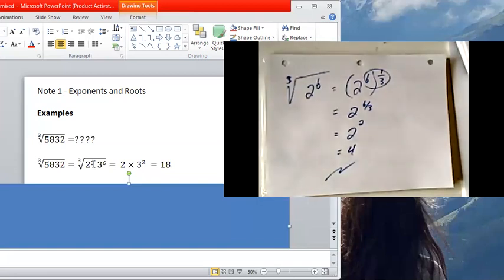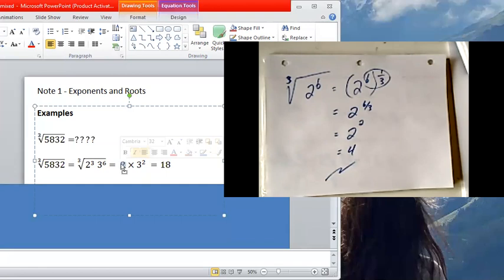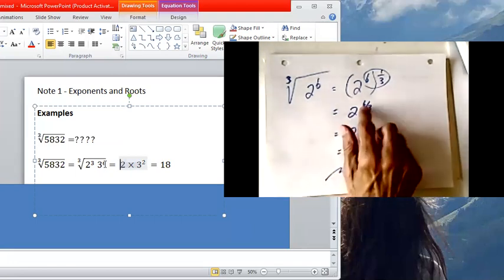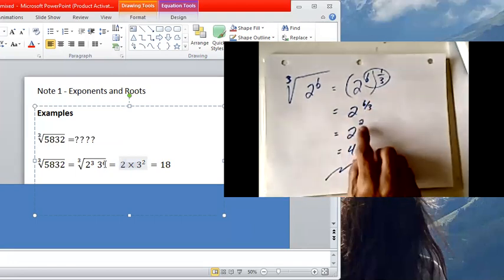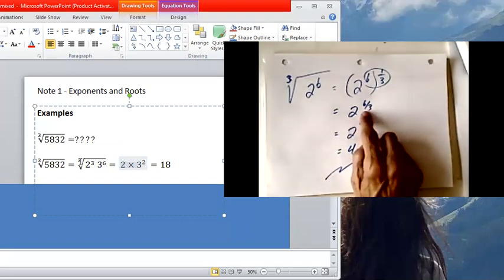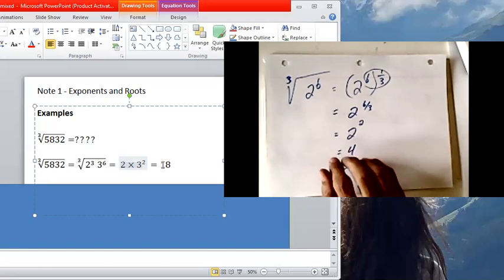This 3 on the inside is undone by the 3 on the outside, so it leaves you 2 only. This 6 on the outside, kind of like I just showed you here, changes to 2 from this 3, by the same process, actually. All right, so it gives you the 2 there, and you work this out. 2 times 3 squared gives you 18.